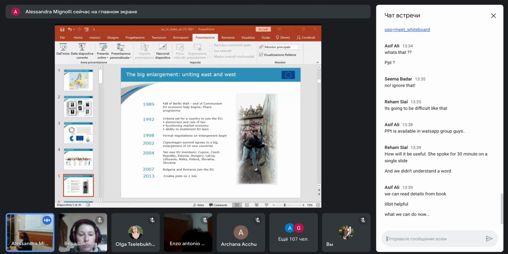And it was, I can say, a choice that was definitely taken in 2002, after Copenhagen, and this was the political decision. The political decision was to accept this huge enlargement, which was not a very easy decision.